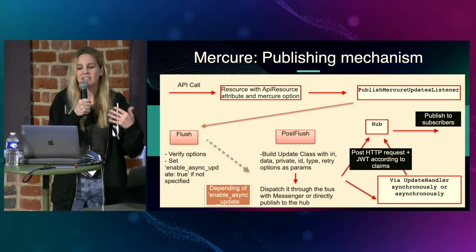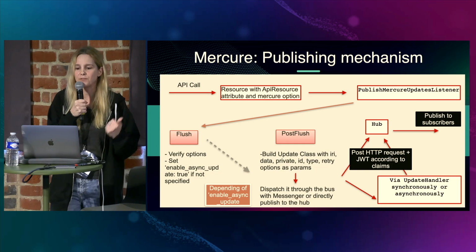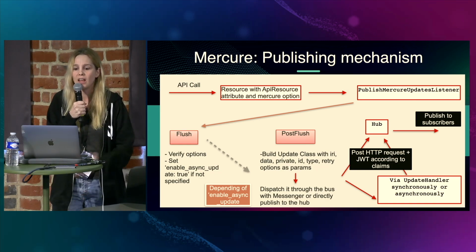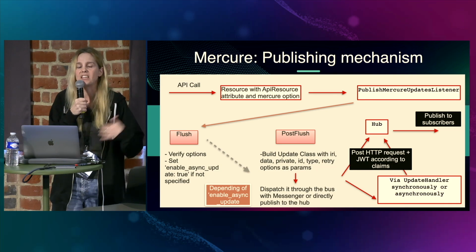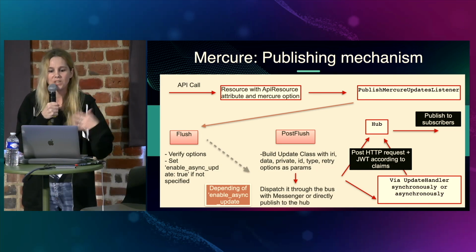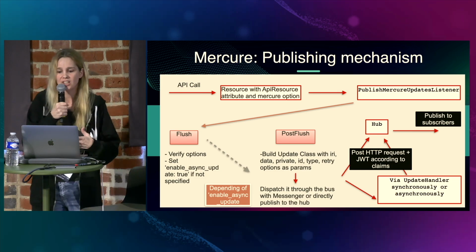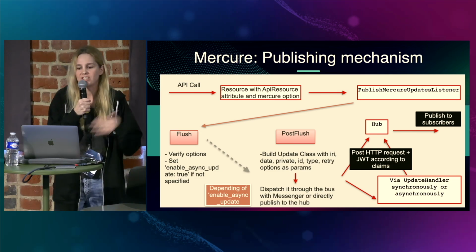This means that instead of publishing directly to the hub, the update is handled by Symfony's messenger component, allowing it to be processed asynchronously depending on your configuration. So you just need to ensure that the update, which is essentially the message, is routed to your transport. Otherwise, it will be managed synchronously.